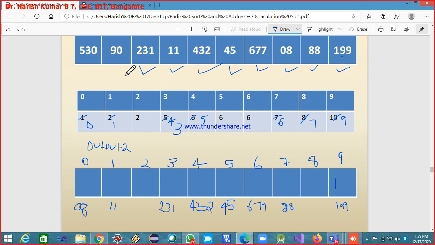90. Okay. 9 is the digit in the tens place. So I come to 9. We decrement this by 1 more, and it is 8. That means 90 takes the position 8. Next is 530. The digit in the tens place is 3. So 3 is this, and it is already 3.